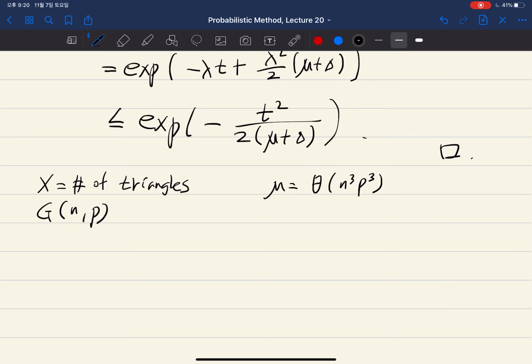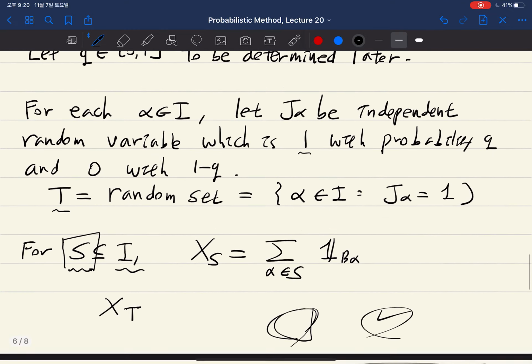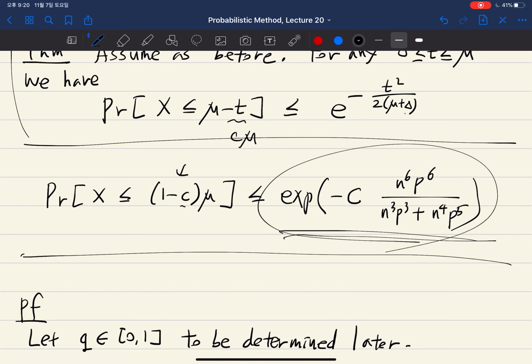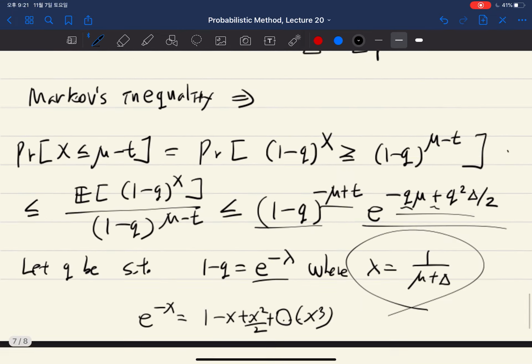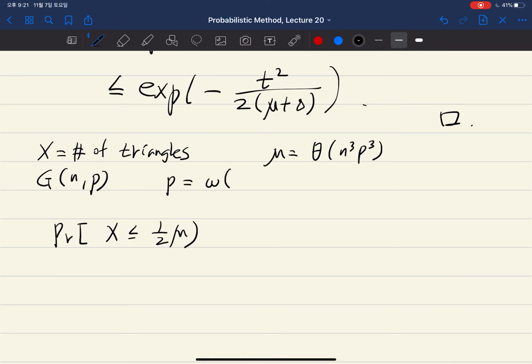So if you show that the probability that x is smaller than half mu, which is, if p is bigger than, say, 1 over square root of n, so p is quite big, then this probability is roughly e to the negative theta of n squared p.